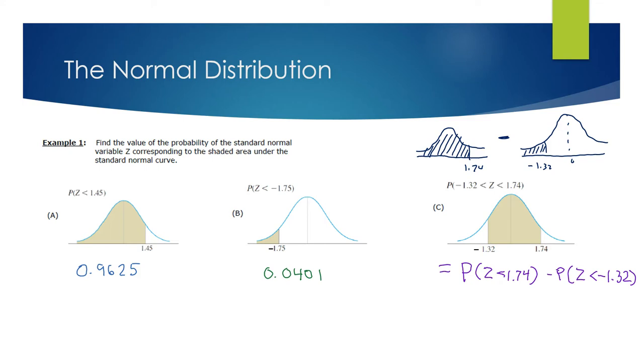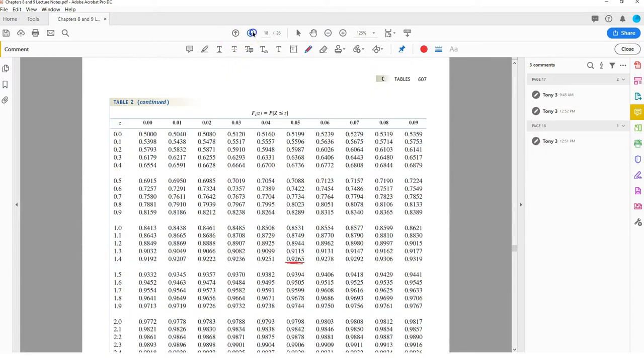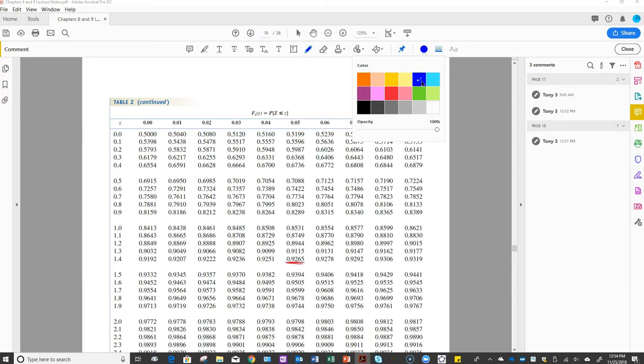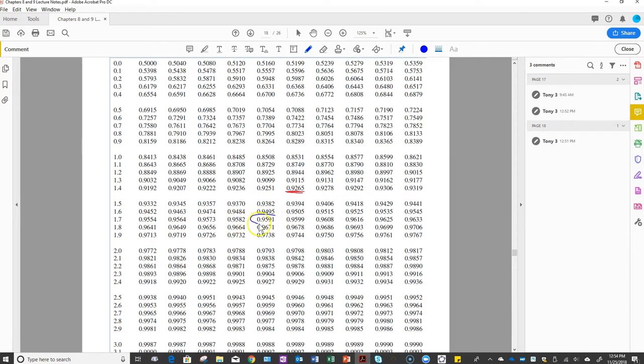Going back to the table, a positive 1.74 is on the second page. 1.74 would be 0, 1, 2, 3, 4, so 0.9591.